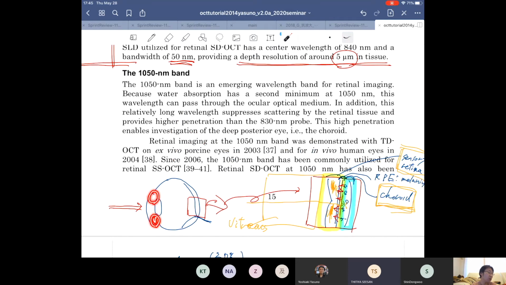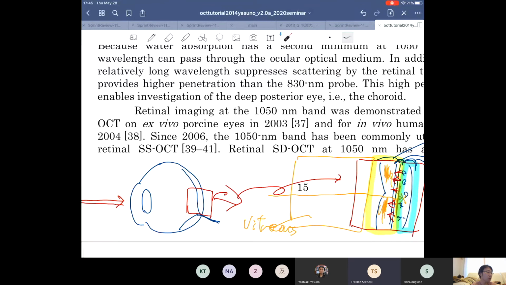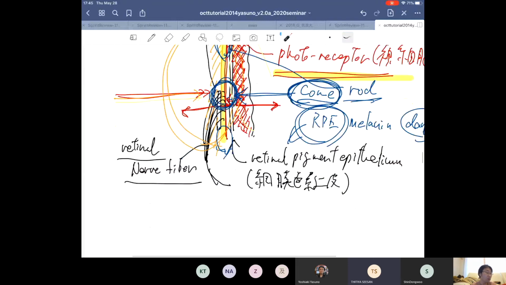This angle structure is known to be associated with the risk factor of glaucoma. So there is an OCT system specially designed to measure the anterior eye, and it uses 1.3 micron.